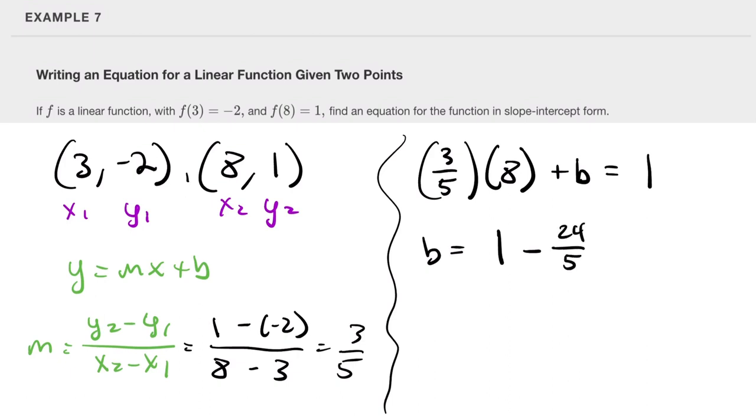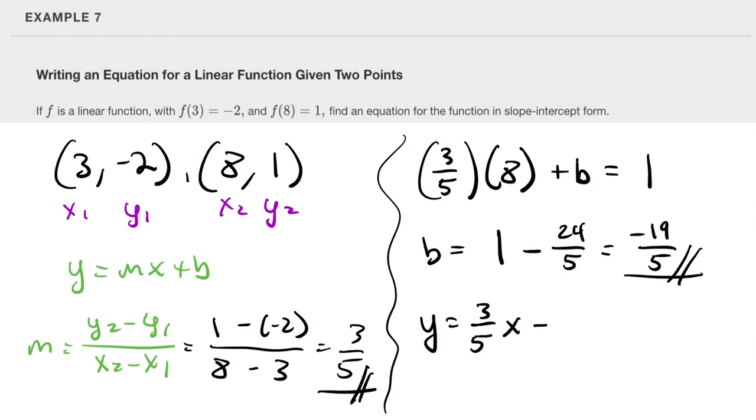To multiply fractions, we multiply the top with the top, bottom with the bottom. 8 times 3 is 24. We subtract, we get this. And that's going to be equal to negative 19 over 5. Okay, so we got our y-intercept and we have our slope. So then we put those two pieces of information together. Y equals 3 over 5x minus 19 over 5.